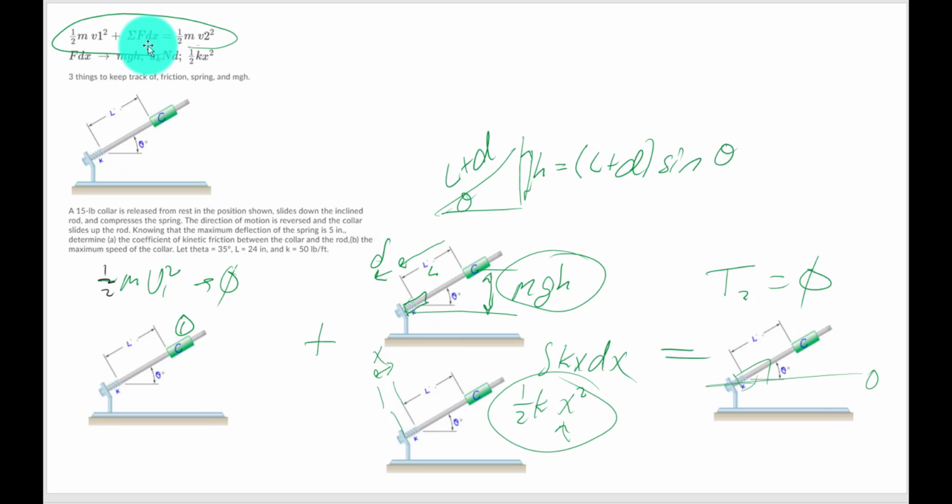Any force that changes the velocity, keep adding it together. If it speeds it up, it's going to be positive. This is making the final energy larger as it falls. If it slows it down, it's going to be negative. So as it compresses the spring, that spring is what stops the thing from falling, right?